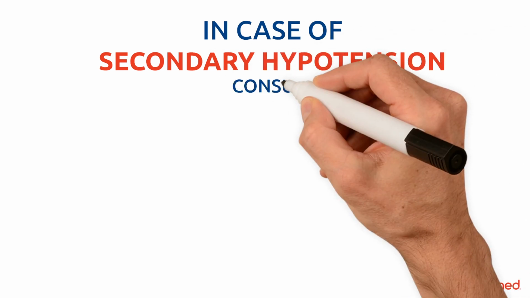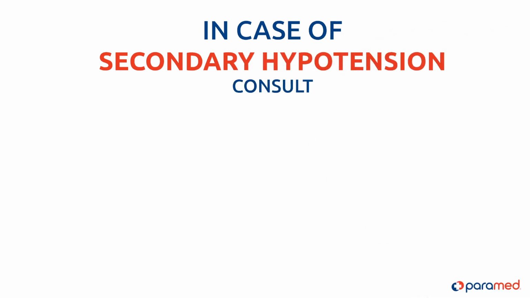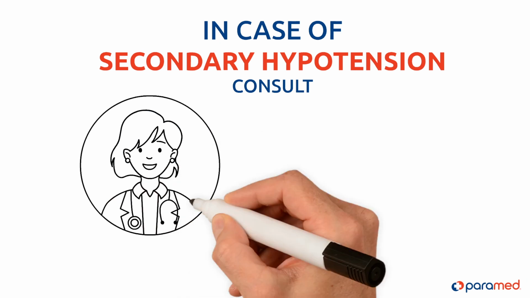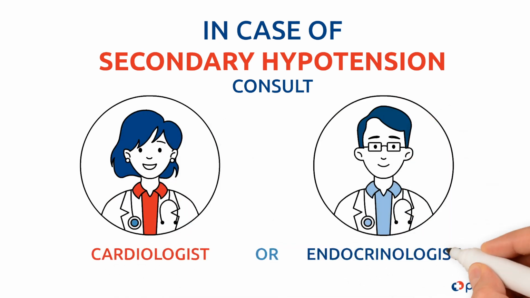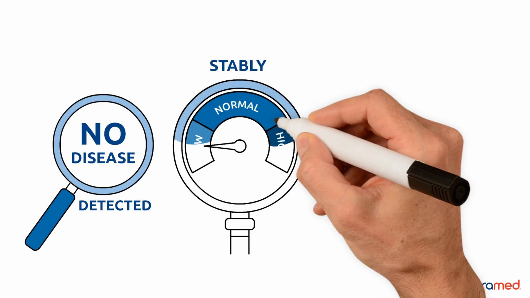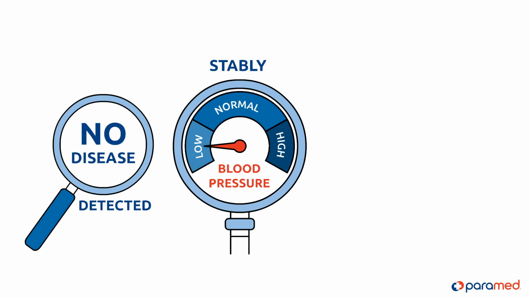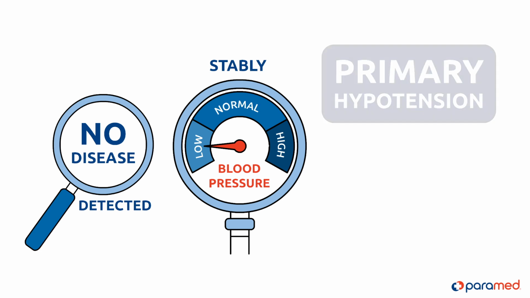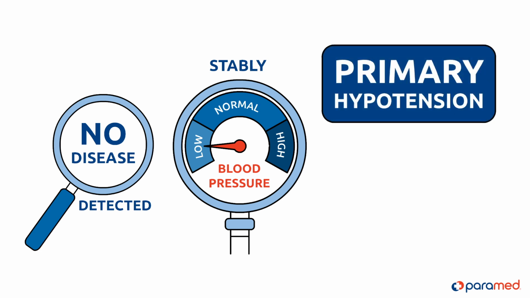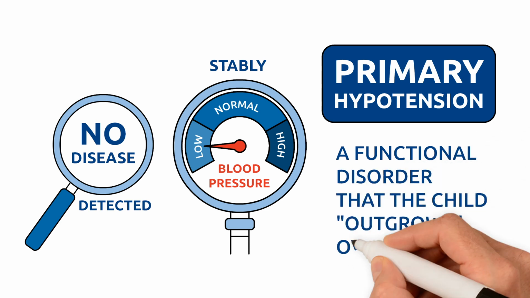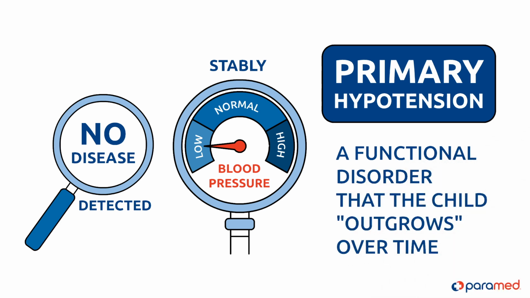In this case, we're talking about secondary hypotension, and it's important to consult a cardiologist or endocrinologist for an examination. If no diseases are detected and blood pressure remains stably low, it is possible the condition may be primary hypotension. This is a functional disorder that the child outgrows over time.